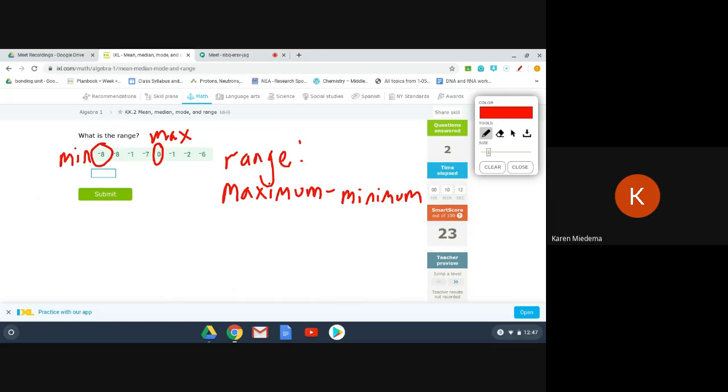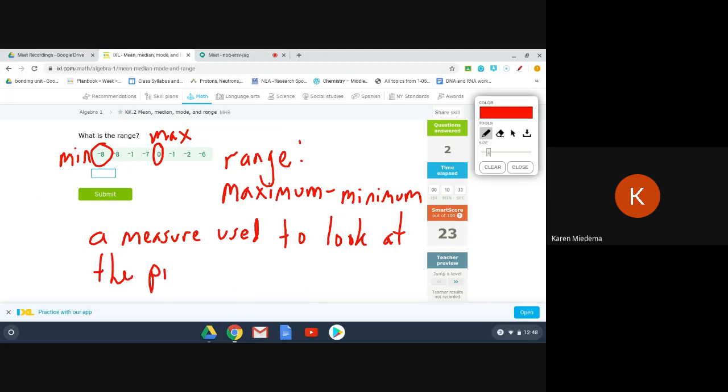And again, the range is a measure used to look at the spread of data. How far apart is the data? That's what the word spread means.